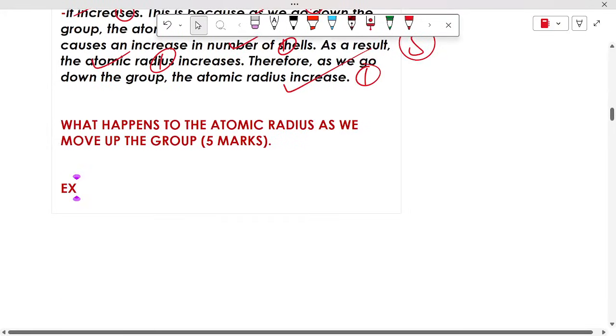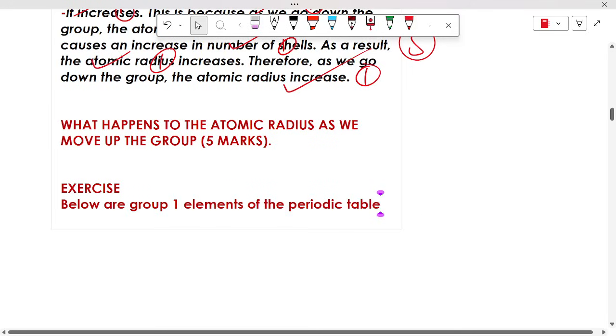They say below are group 1 elements of a periodic table. They'll say like this.